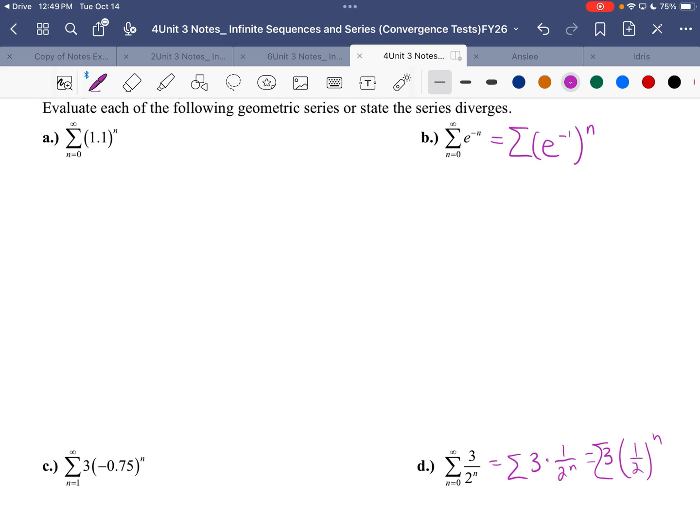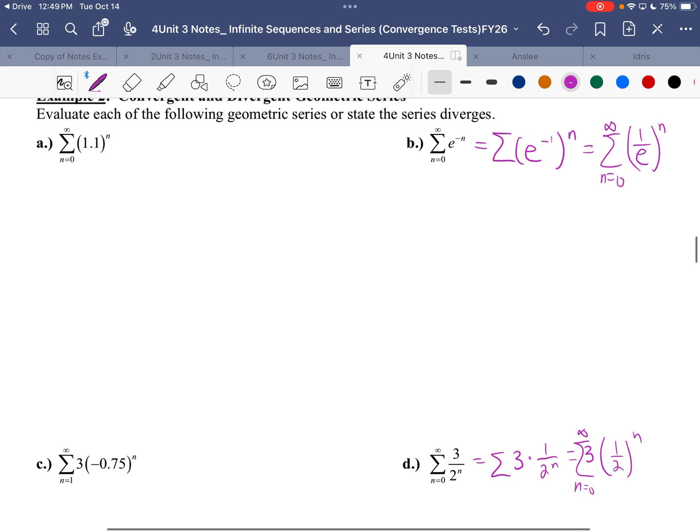E to the, so n is 0, so it's just 1. So it's 1 over 1 minus... Yeah, I believe so. I think that we can do that, right? Yes, I think that would diverge. Sounds good.